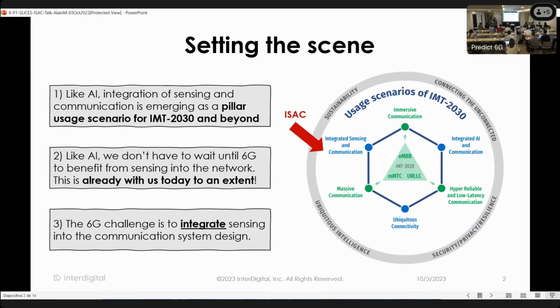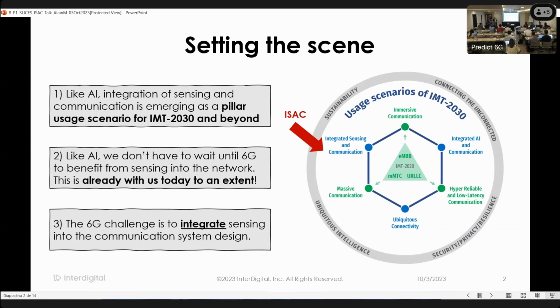Now, what's interesting is that the international community has already agreed upon 3 additional usage scenarios. One that is to a certain extent conventional is satellite, the integration of satellite with terrestrial. That's the ubiquitous connectivity vertex showing on that hexagon. But there are 2 that are fundamentally unconventional.